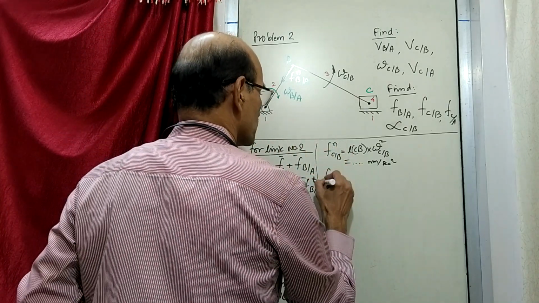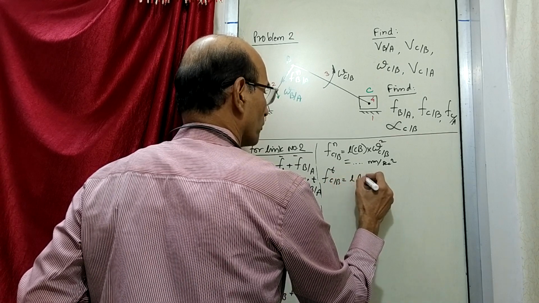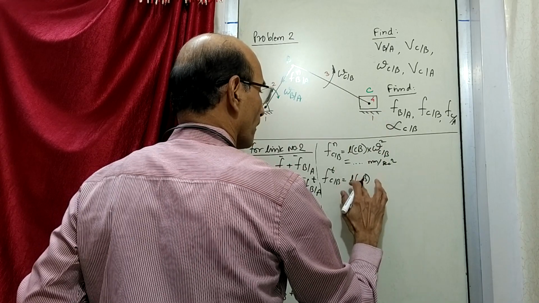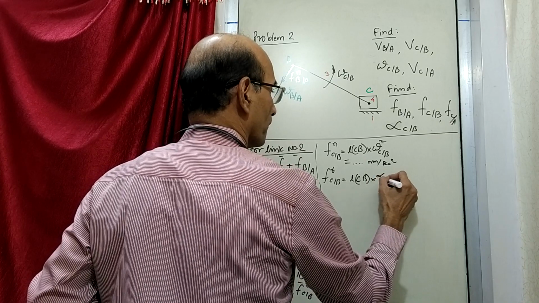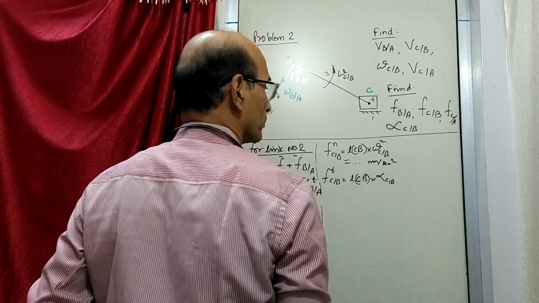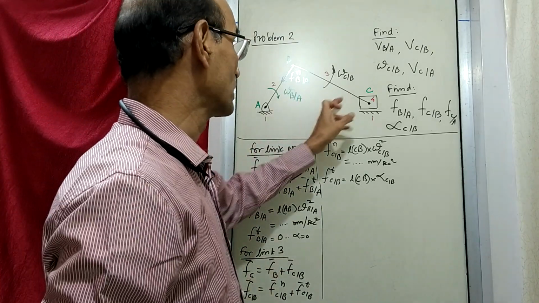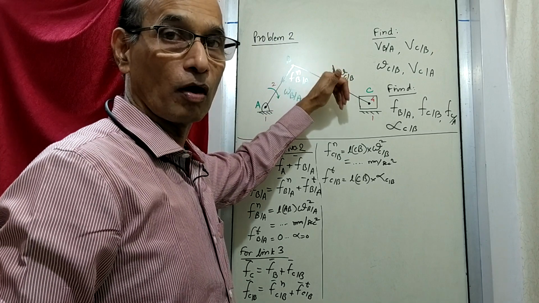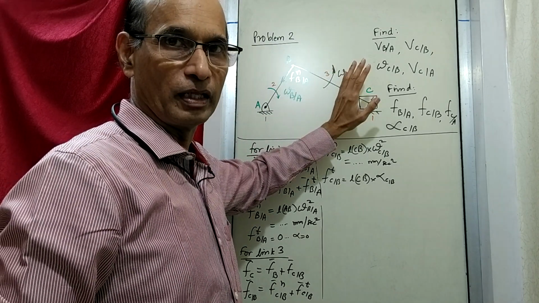Then we go to the tangential component, which is r into alpha. R is the length, sorry, it is CB length, and then this alpha, alpha of C with respect to B. Now the angular acceleration of this link, that means whether this velocity is reducing or increasing, or it is constant, we don't know anything about that.